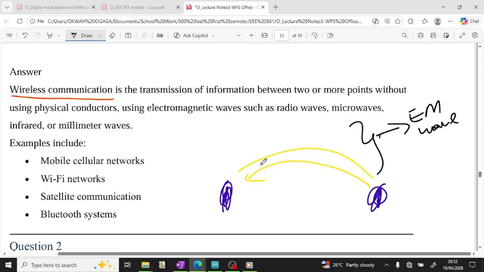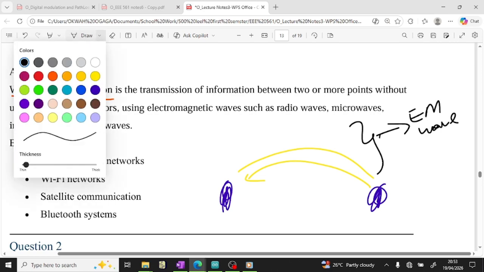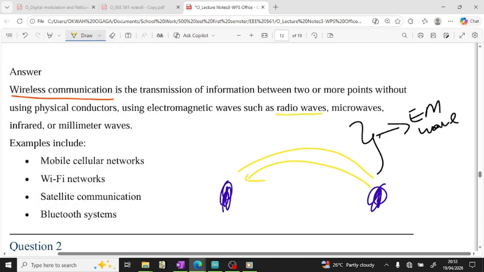There is no wire here, no conductor, but through air. So what are we using? We are using electromagnetic waves, such as radio wave, microwave, infrared, or millimeter wave.